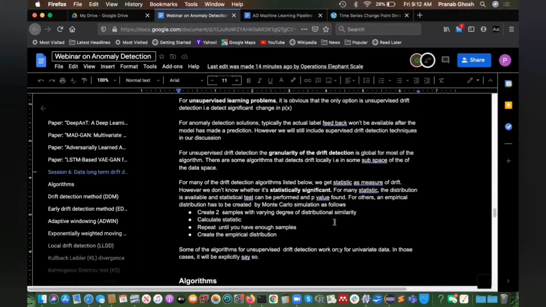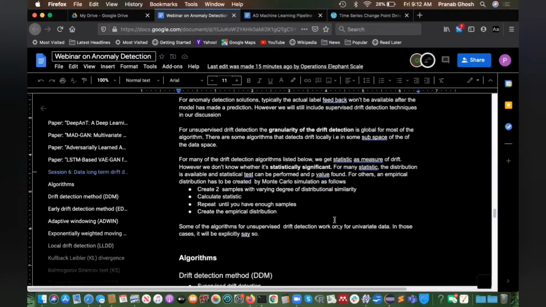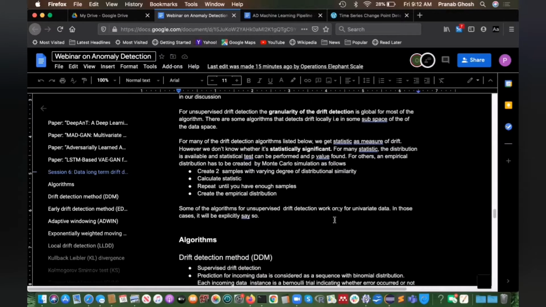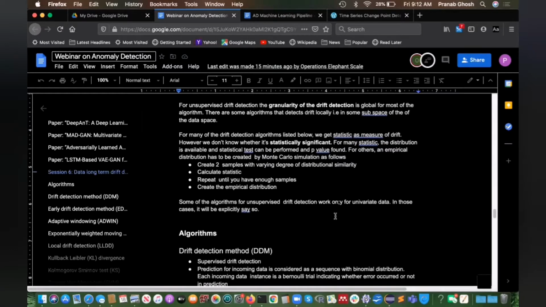So for a decision tree, once you detect a drift in an internal node and all the data that flows through that node, you can remove the tree underneath that node and just retrain that subtree instead of retraining the whole tree. There are some advantages in doing that, but unfortunately most algorithms are not local, they're all global. So you end up rebuilding the whole model.